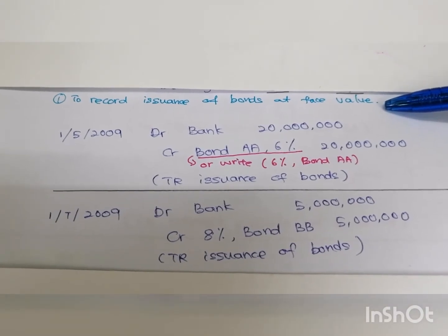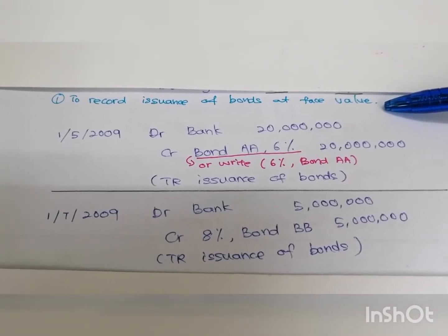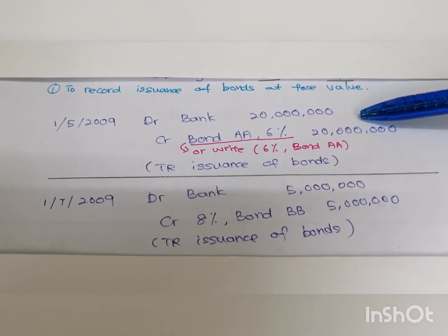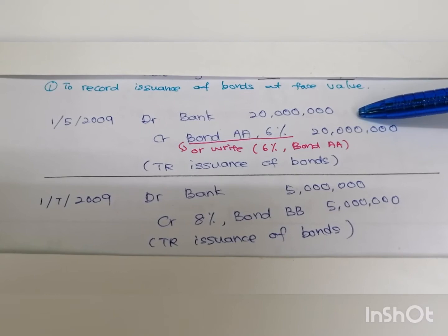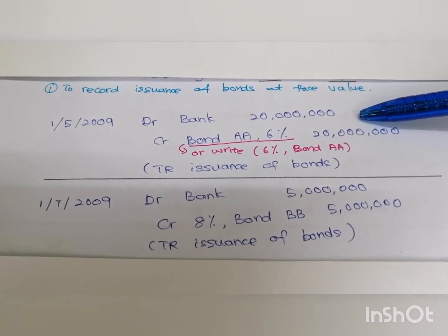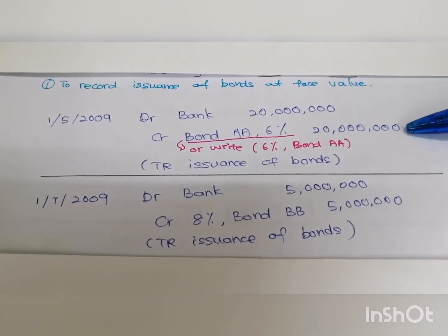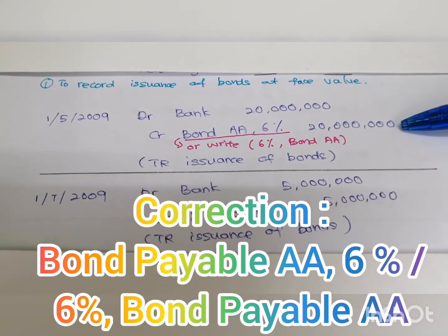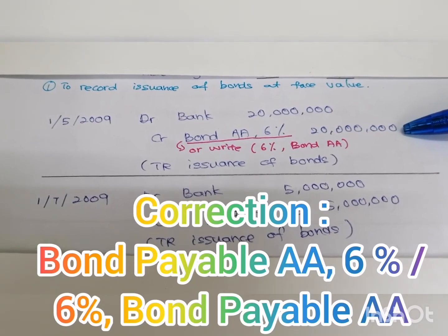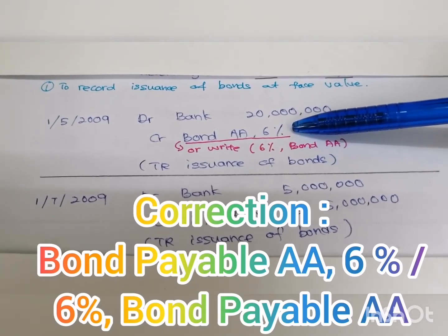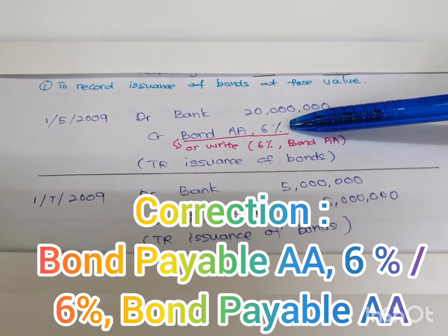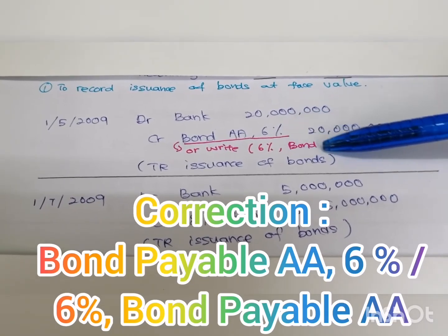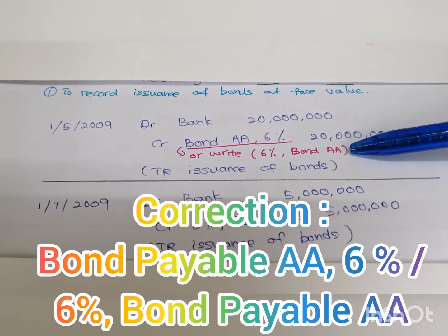Now, step 1, to record the issuance of bonds at face value. On 1st May 2009, we debit bank 20 million and we credit bonds AA 6%, 20 million. We have two ways to write the name of the bonds, either bond AA, comma 6%, or 6%, comma bond AA.